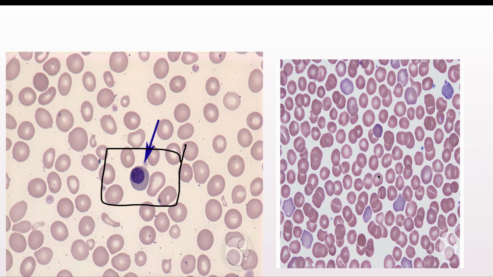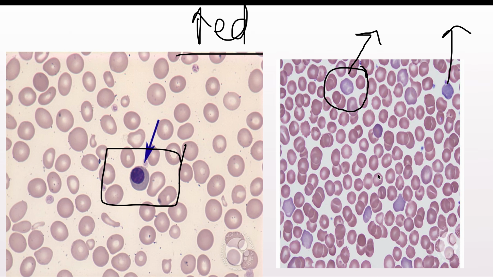If the NRBCs are increased in a person, or you see polychromatophils, so this RBC, you can see the color of this RBC is different than the normal RBCs. So these are known as polychromatophils. If these are increased, you can suspect that the patient has a hemolytic anemia, because what is happening is the red cells are being destroyed and the body tries to replenish them, and it produces more RBCs.